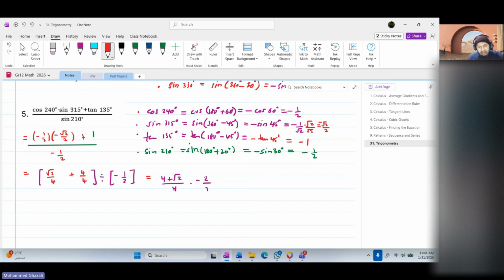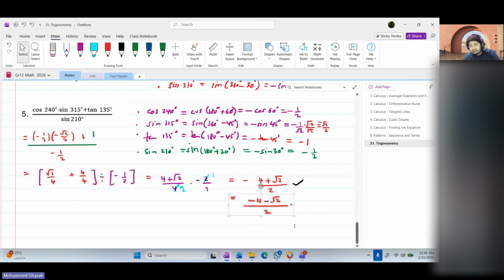Right, so the 2 and the 4 cancel out. So now I have an answer which is equal to negative 4 plus root 2 all over 2. If you take the negative inside, it's going to become negative 4 negative root 2 over 2. So I think you'll keep your answer like this instead of that, right? Don't worry about the last part.